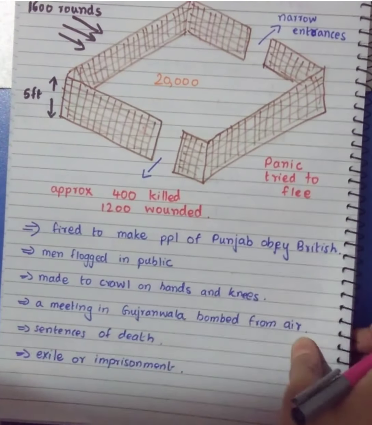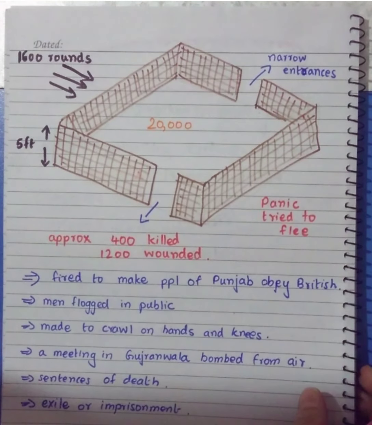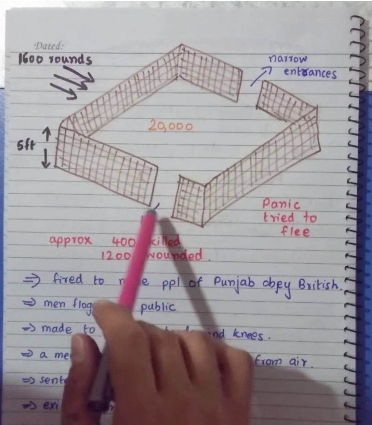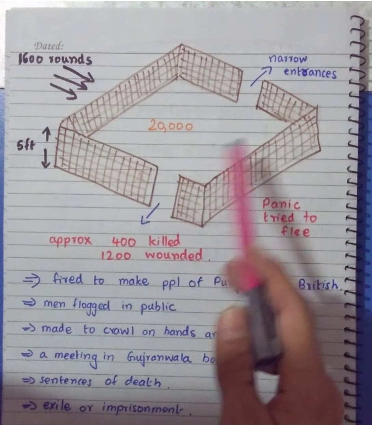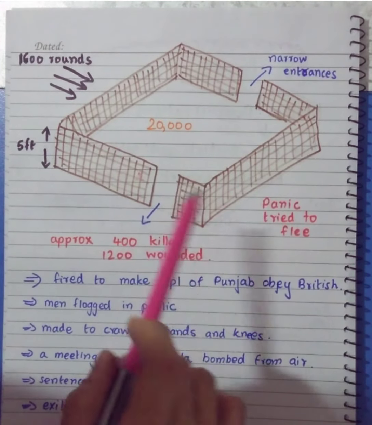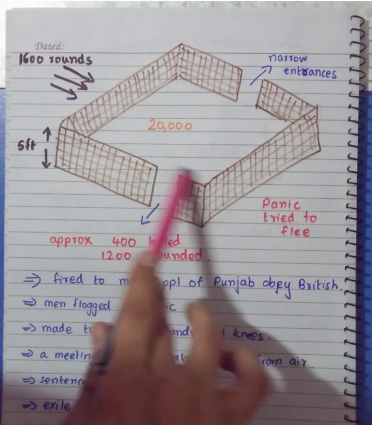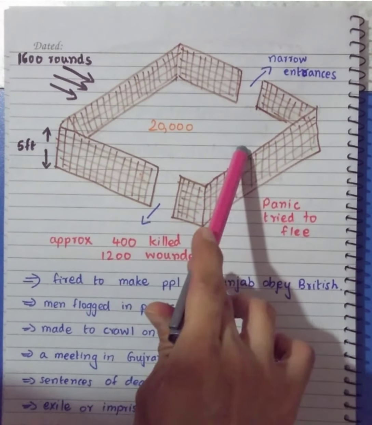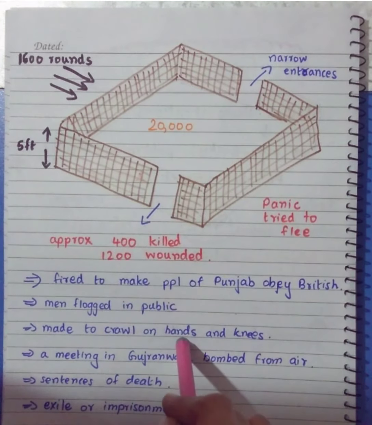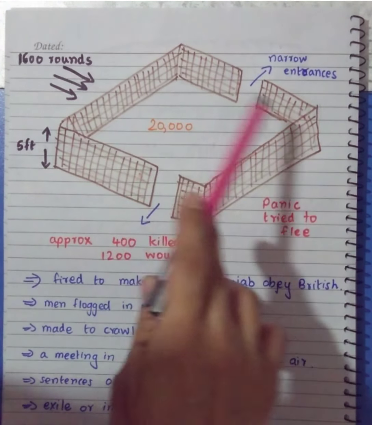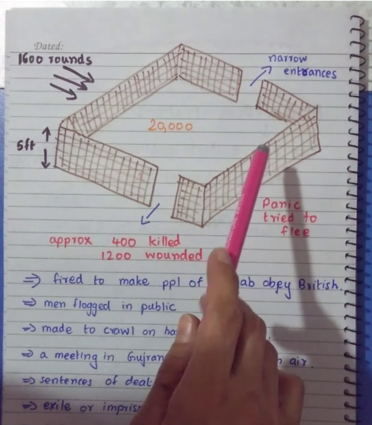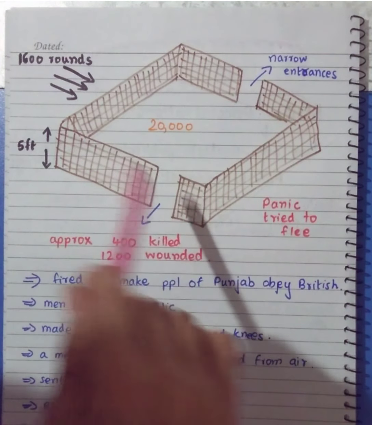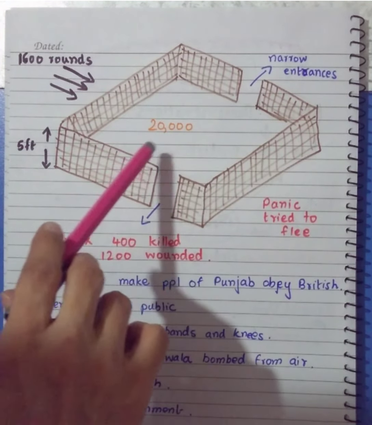So the park, or the bagh, was surrounded by a 5 feet tall wall, and the entrance and exit gateways were very narrow. Around 20,000 people gathered inside. They were all unarmed. It was a non-violent mob, but General Dyer, because of his anger at this gathering, because he had banned all the public gatherings, but despite that, people gathered together, so he ordered his troops to fire on them.